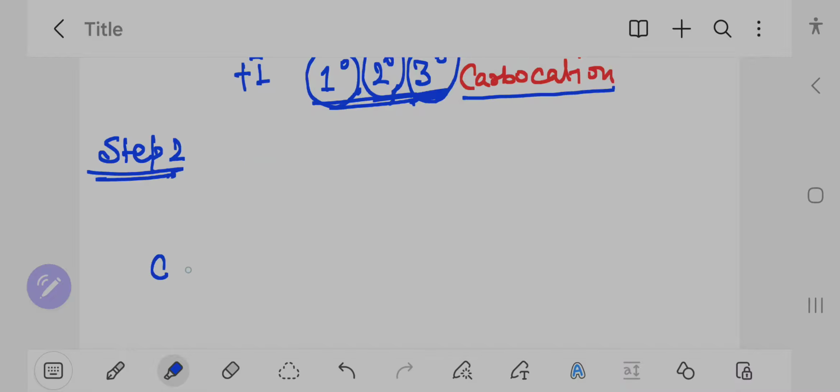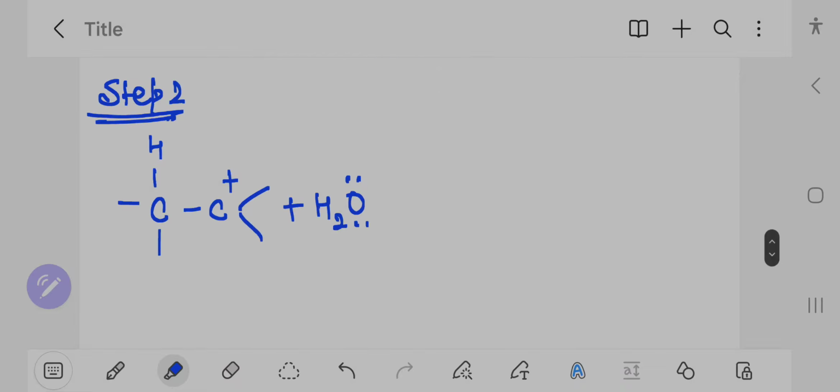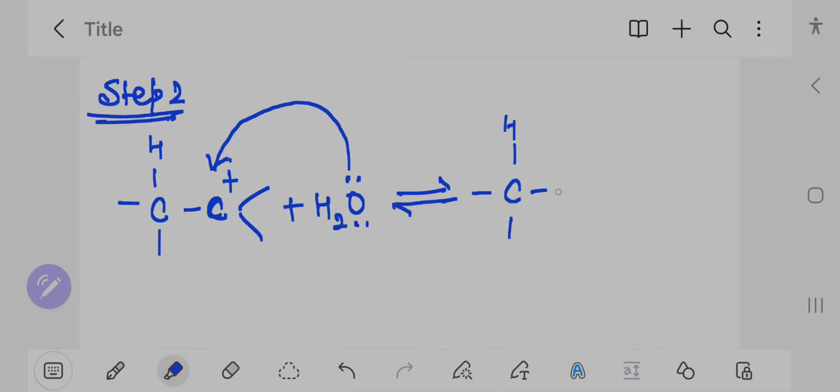Here we can see this carbocation, and this is a water molecule. The water molecule has lone pairs of electrons, and with these lone pairs the water molecule will attack this carbon and form an intermediate like this.